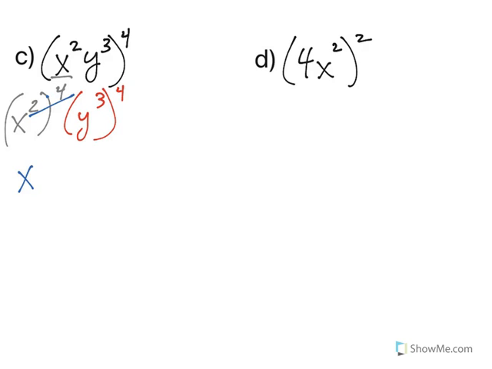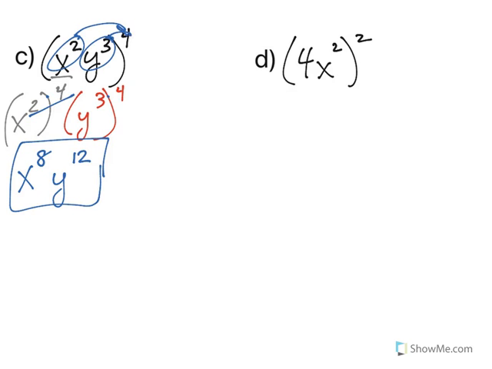So 2 times 4 gives me x to the 8th, and with my y's, 3 times 4 gives me y to the 12th. Some people can just say x squared to the 4th, y to the 3rd to the 4th. But sometimes if I don't write them out, depending on how big the problem is, I make a silly mistake or miss something, and that's not what I want. So I always write them out to make sure I don't miss anything.